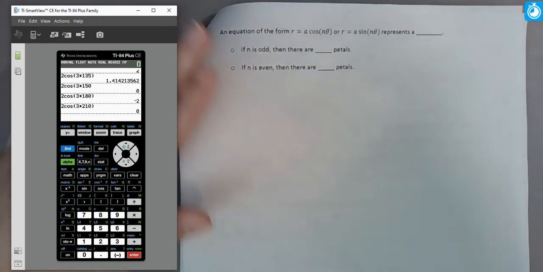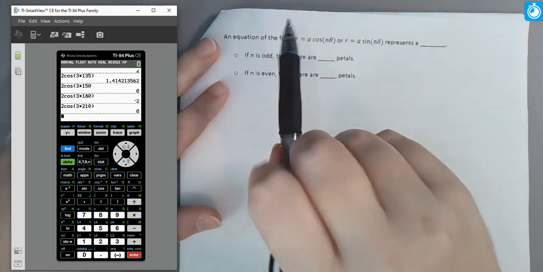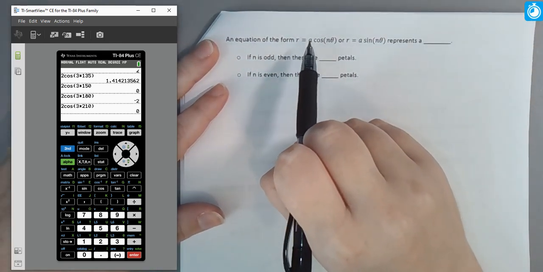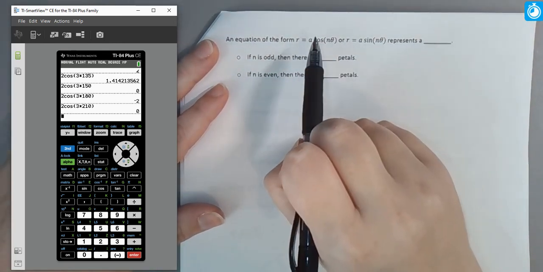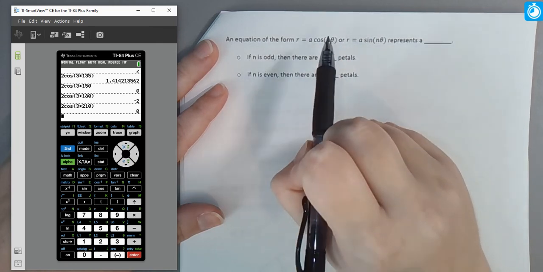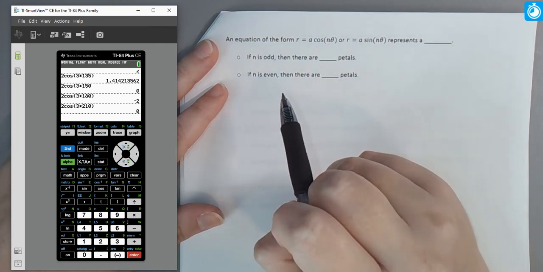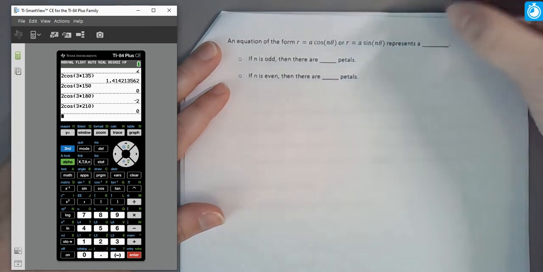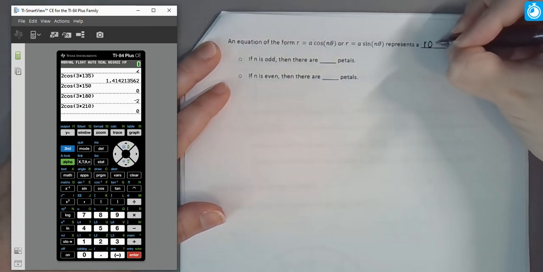So what do we have here? These graphs are actually called roses. So any equation of the form r is equal to some multiple of cosine or sine, but the angle theta has a coefficient, something other than 1, represents what we call a rose.